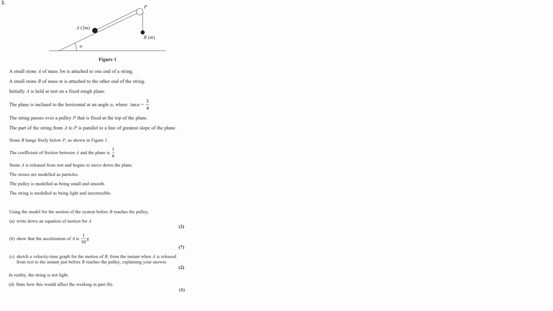So, the line of greatest slope and inextensible, all that. So what I did for what they want is equation of motion. So I put all the forces in. Usually in these questions, the particle that's hanging down, when you release the system, is the one that goes towards the ground.